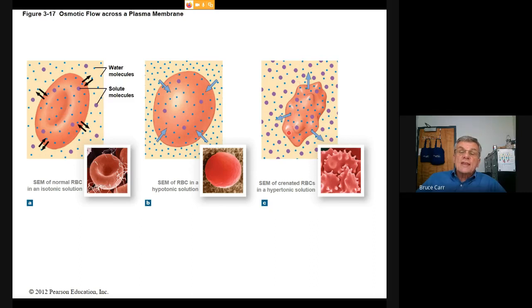This cell shrinks down to a smaller size, but also you'll notice what happens when that membrane contracts. See how it falls on the cytoskeleton? Those fibers that produce the inner structure, and it produces these little points, these little jagged edges on the red blood cell. Now the red blood cell works because it's basically rounded.